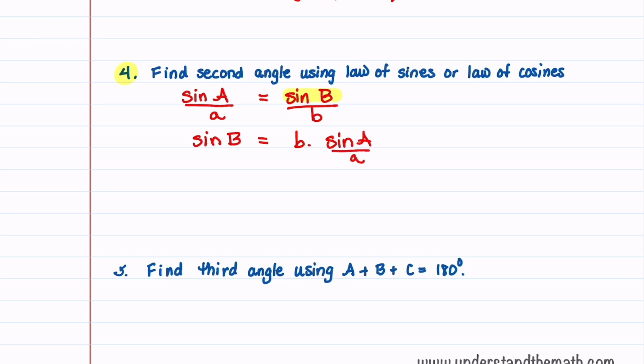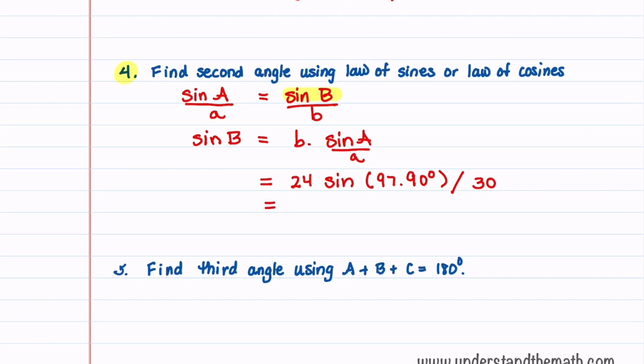Let's now plug in these values. Side b is equal to 24. And then we have the sine of angle A. We just found that in step 3, and that was equal to 97.90 degrees. And we divide this by side a, which is 30.